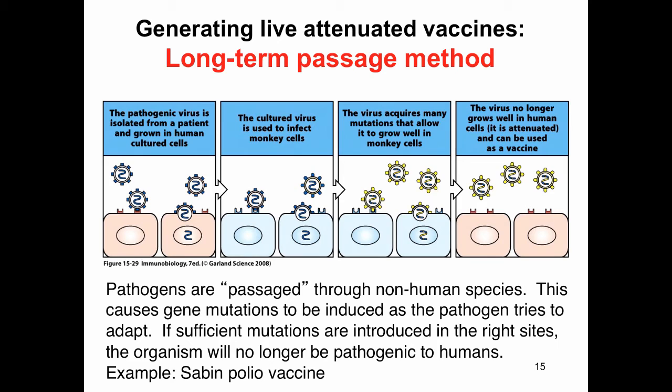Those mutations often resulted in decreased pathogenicity of the virus. So when you harvest virus after it's been passaged through those non-human cells, that virus often would be less pathogenic and can be given back to people and will induce an immune response that will cross-protect against the native virus.